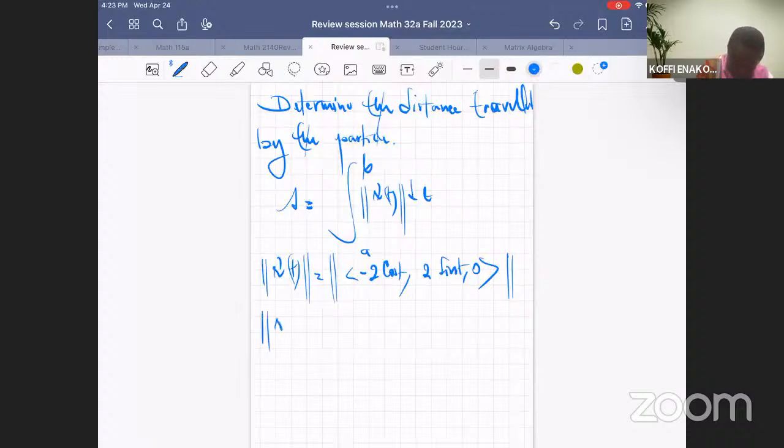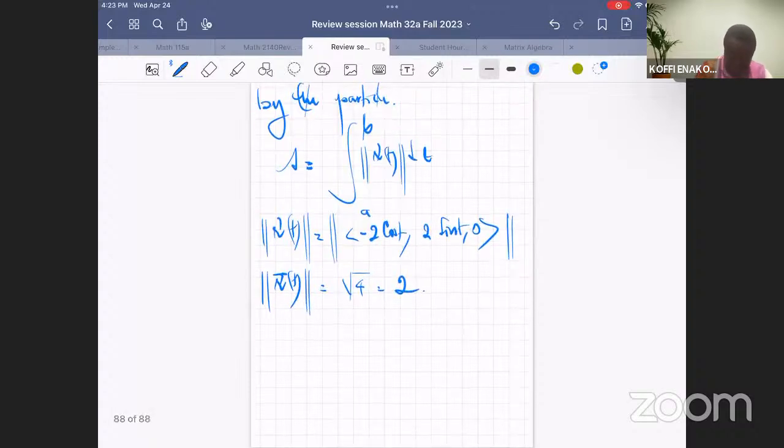So the speed is 2. Then to find the distance traveled is the integral from t equals 0 to pi of 2 dt.